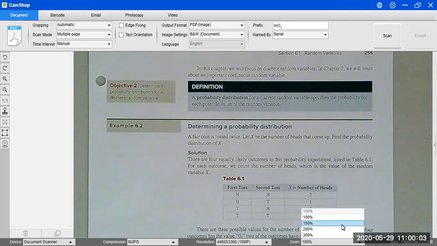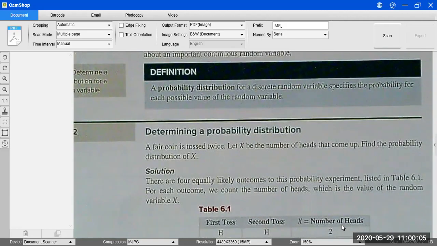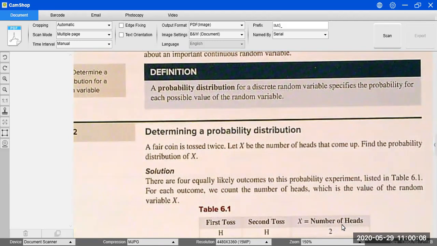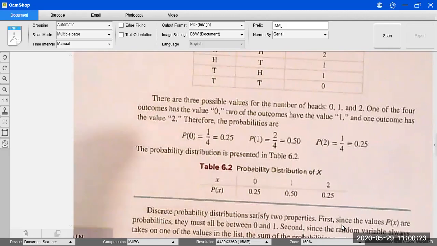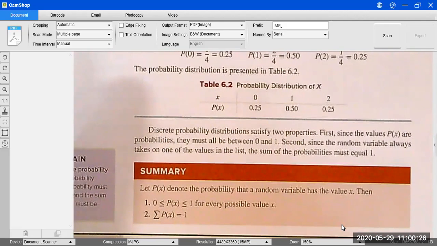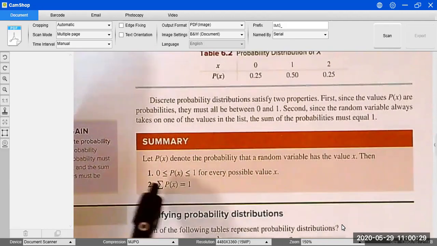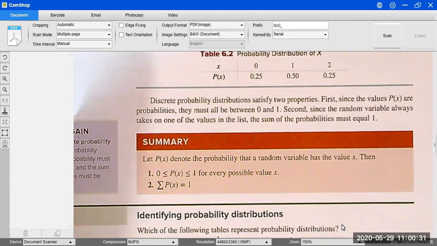So we're going to have now the definition of a probability distribution. For a discrete random variable, that probability distribution is going to specify the probability for each possible value of the random variable. We also need to learn about those probability distributions that we call discrete probability distributions. If you have P of X denoting the probability that a random variable has the value X, then there are two conditions that the probability distribution should satisfy to be considered a probability distribution.